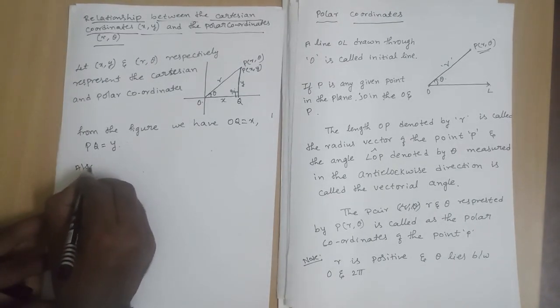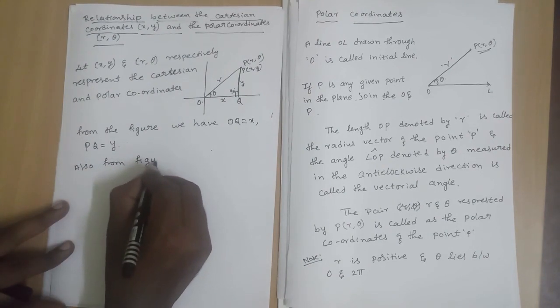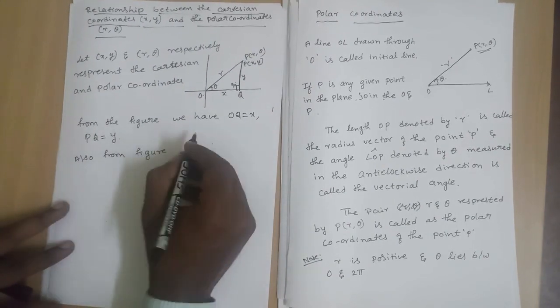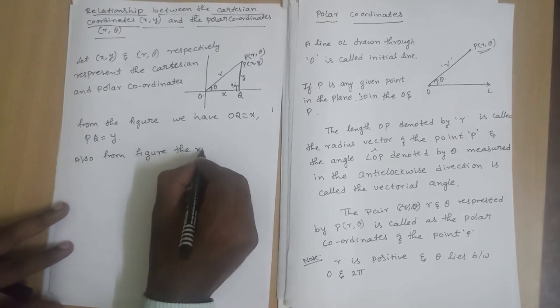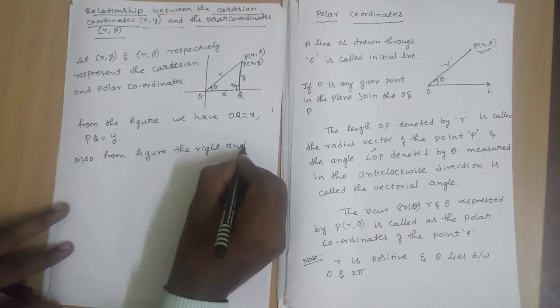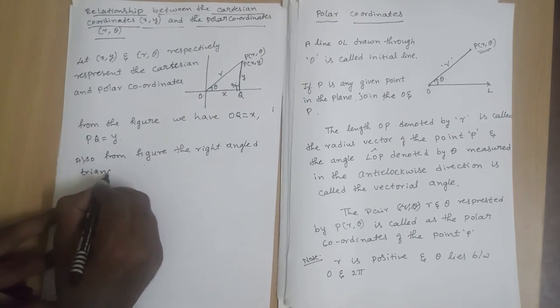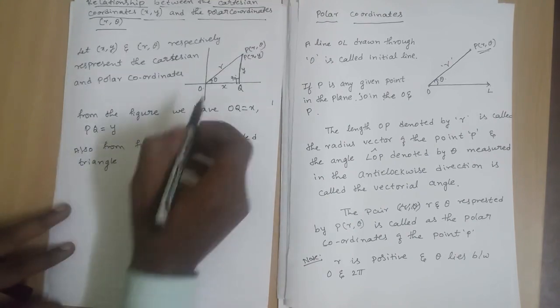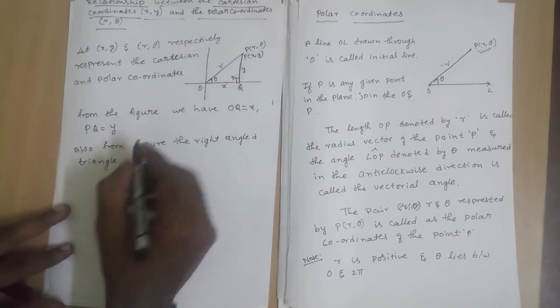Also from the figure, the right angle triangle. So what is the right angle triangle? OQP or PQO.